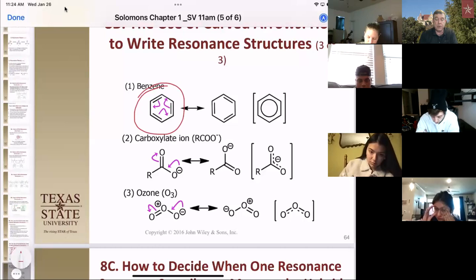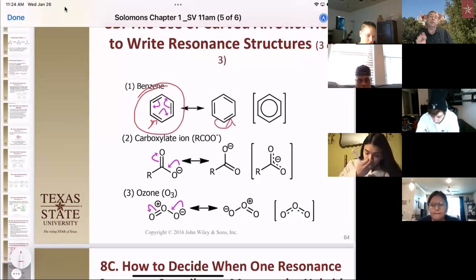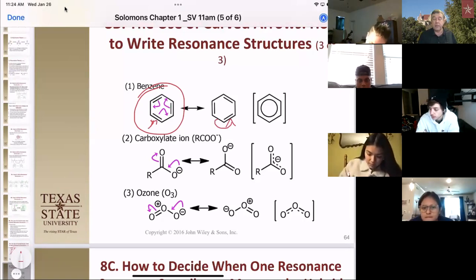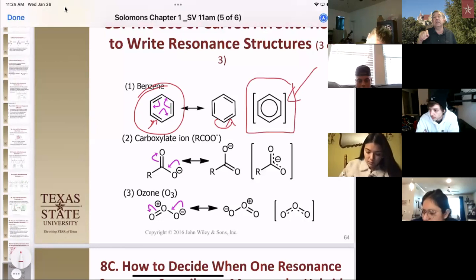And we can move those electrons to give us the double bonds in this place, and we can move it over to here by just moving those electrons. And so both of these would be valid resonance structures. In fact, they move around so fast, most of the time we actually write the structure with the ring in the middle of it, saying that they're just moving around and around this ring.